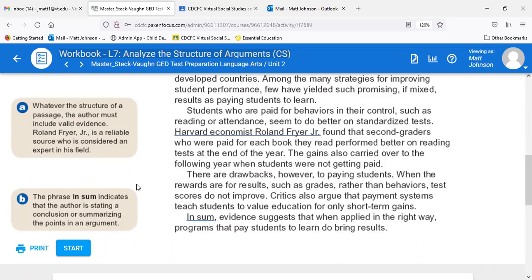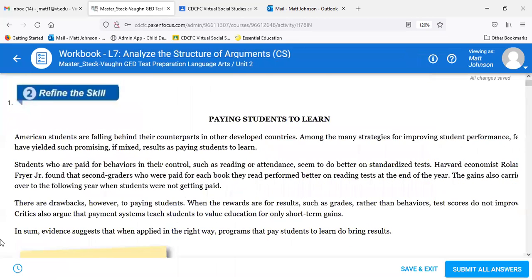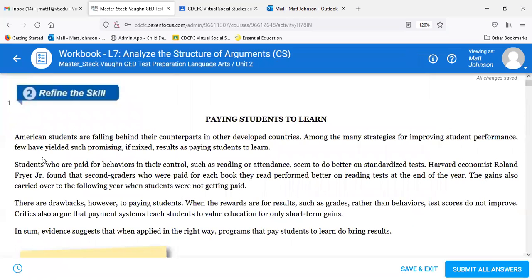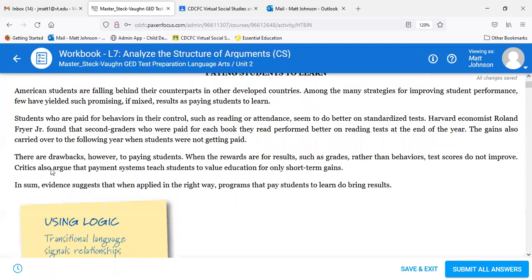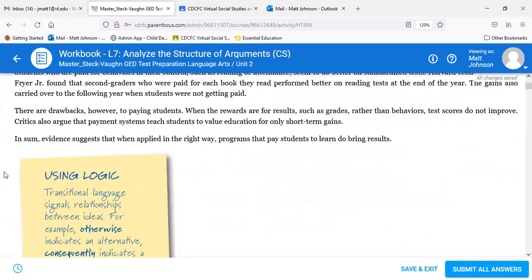Therefore, that's another one. It's like, okay, we're going to have a point made here. So always look for those little signal words to help you, with a new element that's going to appear in the work. Okay, so starting up our workbook, we're starting with paying students to learn.